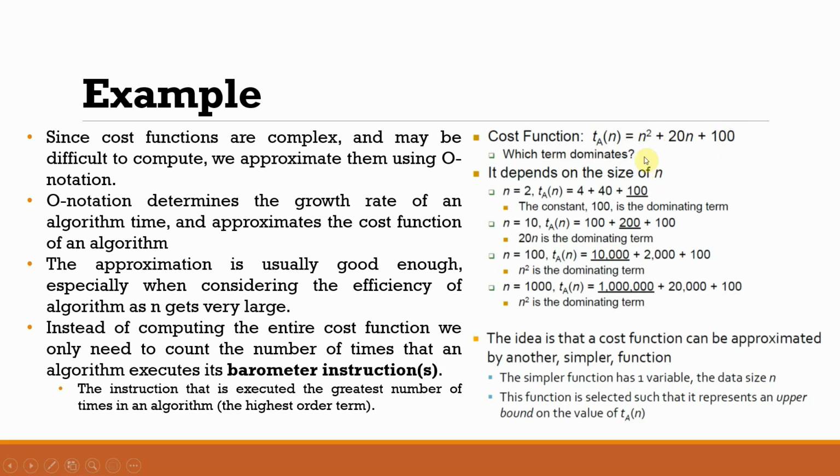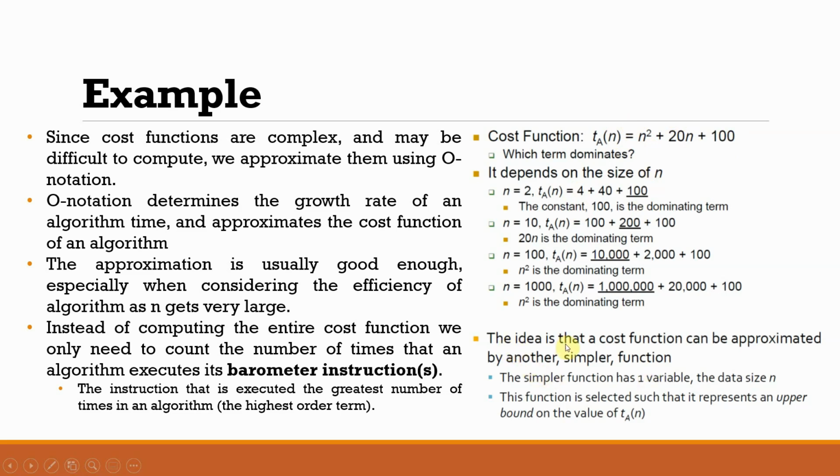This depends on how big or how small n is, but as n gets larger, we know that n squared is going to be the most dominant term. But if n is small, then 100 might even be the most dominant term.